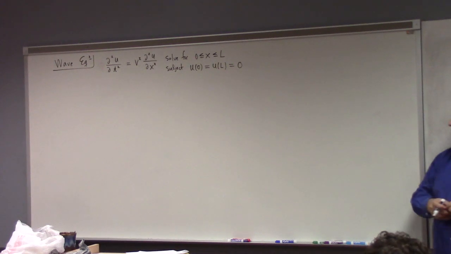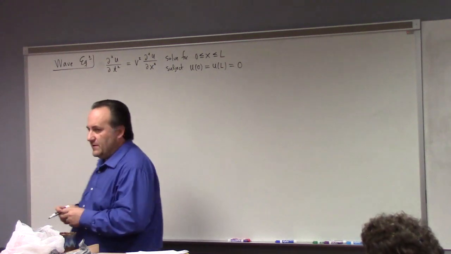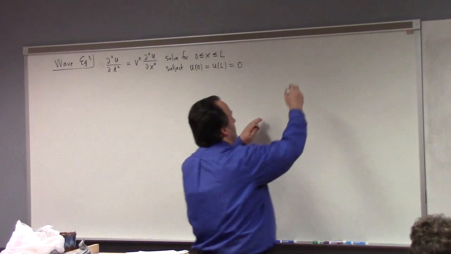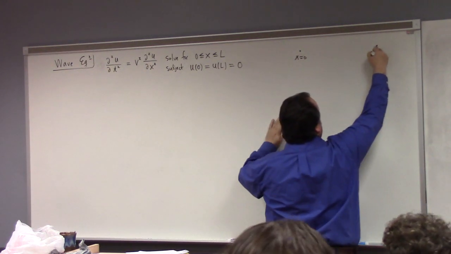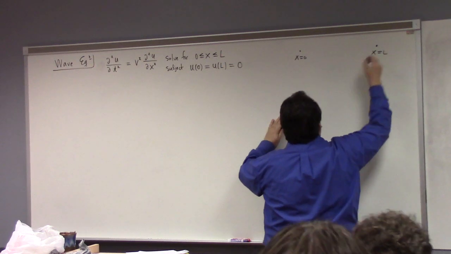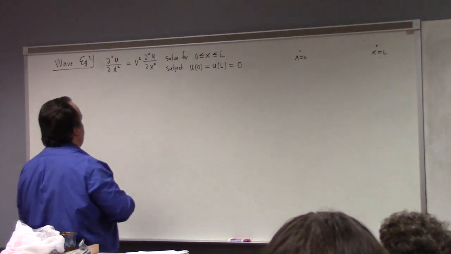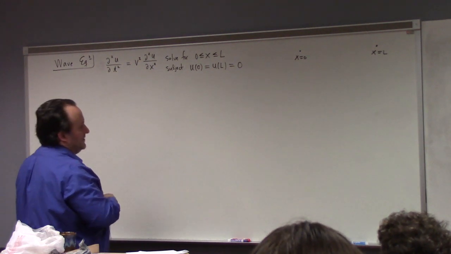So this string is pinned down between x equals 0 and x equals L. Here's x equals 0, here's x equals L, and u, in this case, if you don't like u, we could use a y here. I kind of want to use y. That's too late, I already used u.